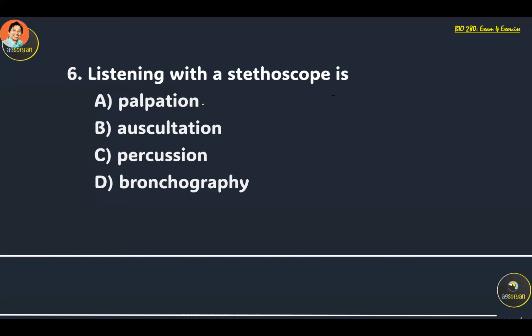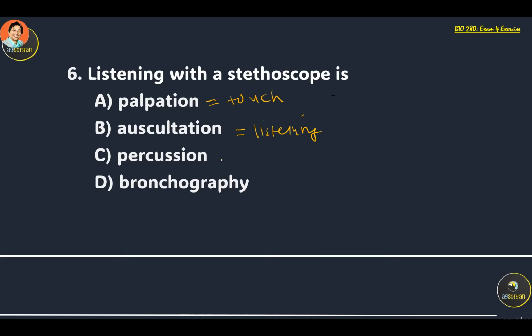One of them is called palpation, which is touching part of the body, just like when you measure the pulse rate. You touch the arm of someone or the neck. And then another one is called auscultation, which is listening to the sounds of the body. So this is listening.